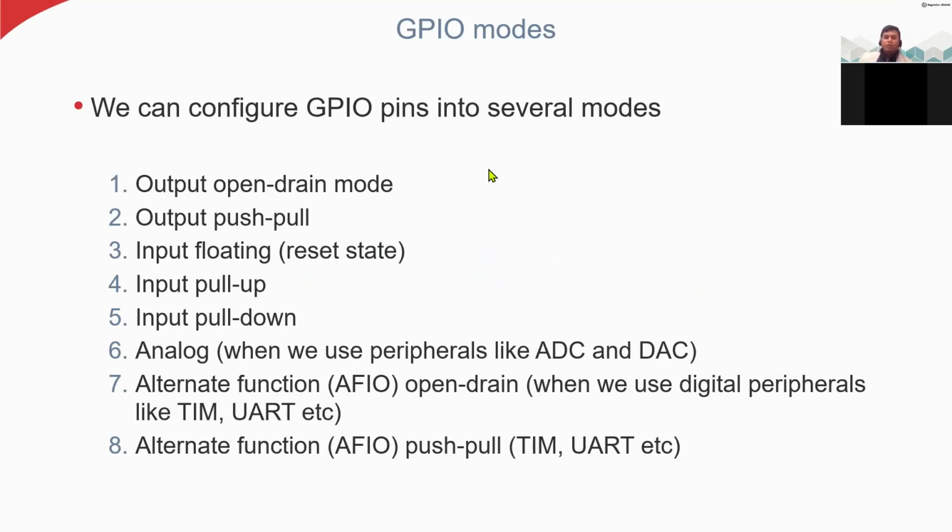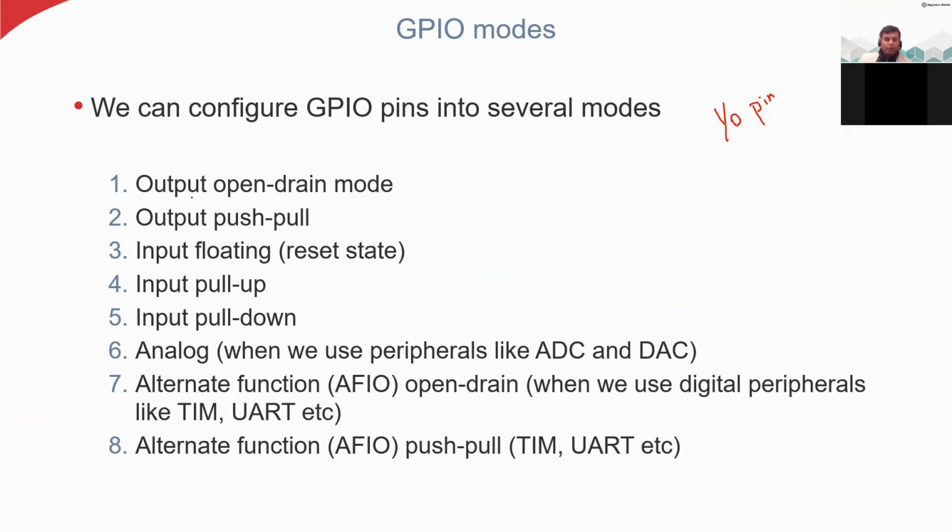We know microcontrollers have several input output pins. Each pin we can configure according to what function we want to obtain from the pin. So we can configure the pin as an IO pin, that is the input output pin. This input output pin you can configure in different modes.